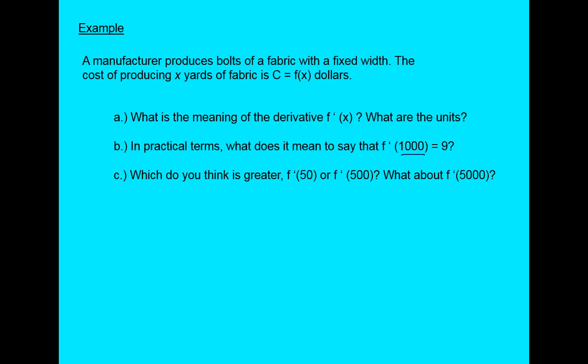If we only produce 1 yard of fabric, we have a lot of costs to spread out over that 1 yard. Whereas if we're producing more, we have more yards of fabric to spread our costs over. So f prime of 500 would probably be lower than f prime of 50.